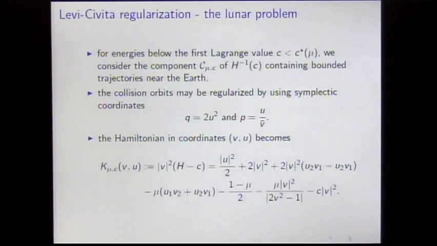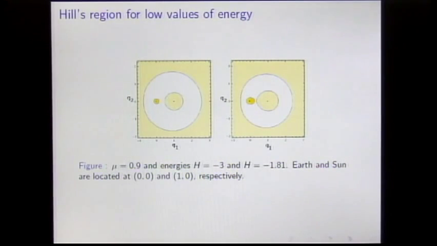Otto showed some numerical simulations, and we could see that maybe there are collision orbits of the third body with the Earth, which collide at the origin here. So there is this Levi-Civita regularization which regularizes these collision orbits. Okay?